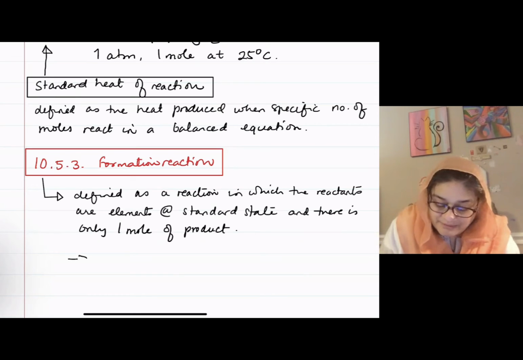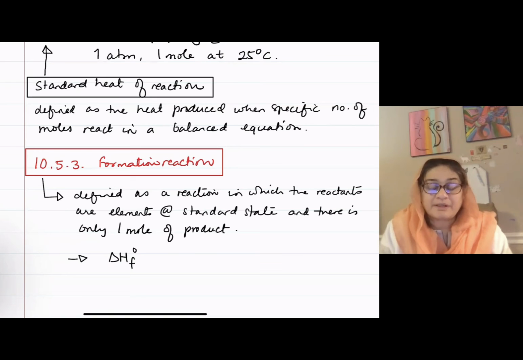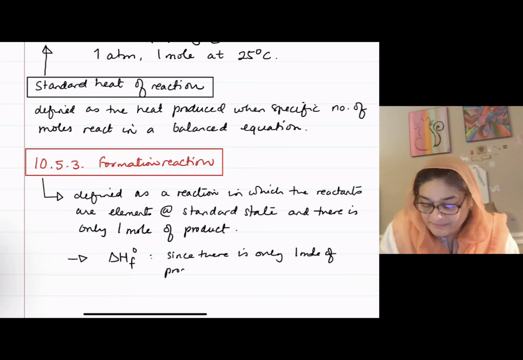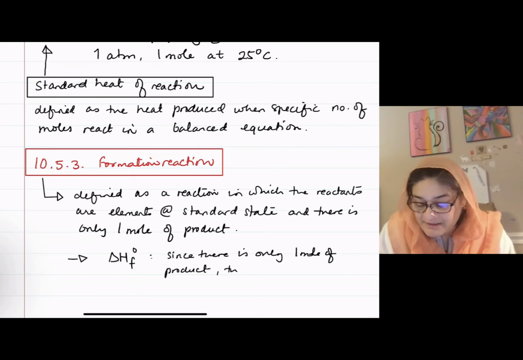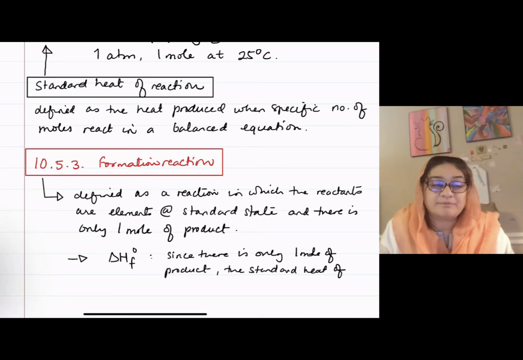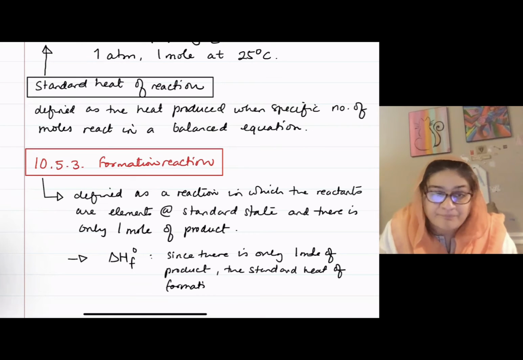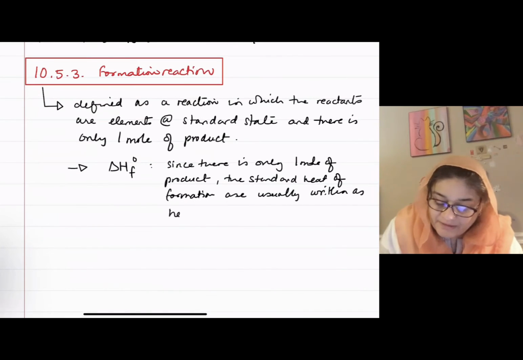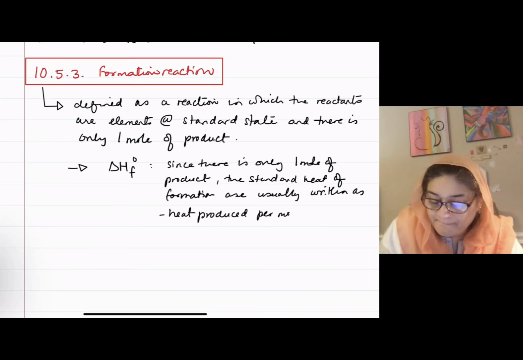So we call this delta HF0. And since there is only 1 mole of product, the standard heat of formation is usually written as heat produced per mole of product.